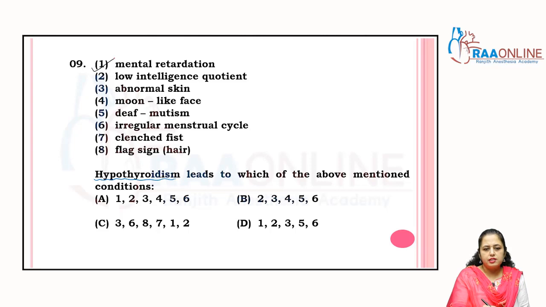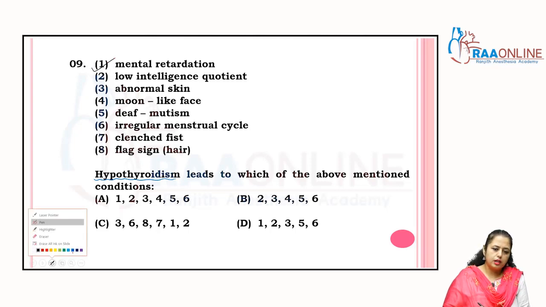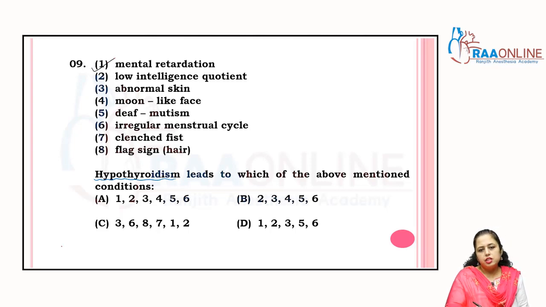Mental retardation, exactly, it is related with hypothyroidism. Mental retardation is related with low intelligence quotient. Abnormal skin is very sensitive in case of hypothyroidism. Moon-like face, no, that is seen in Cushing syndrome. Deaf mutism, exactly, it is seen.